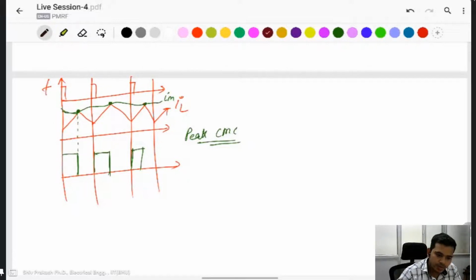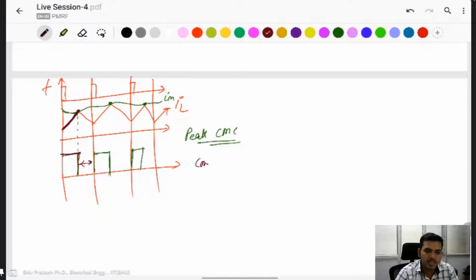In this we observe that this one depends on the ripple current, this position. If this one changes, then this one also will change. It means it's not fixed, but here the off time is fixed. If you change this one and the off time is fixed, this is known as constant off time control. Because this one is not fixed, it will change depending on the frequency.